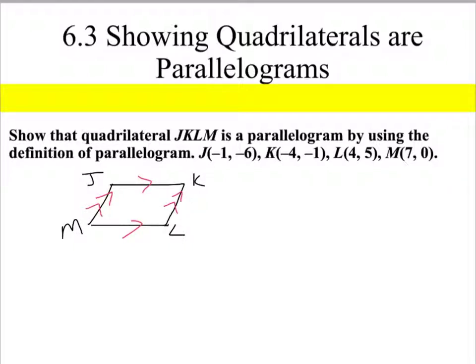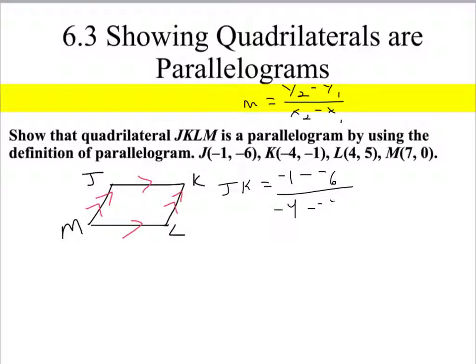All right, so if you remember how to figure out slope, remember it's m equals y2 minus y1 all over x2 minus x1. So if I look at JK, okay, the slope of JK, I'm going to take -1 minus -6 all over -4 minus -1.